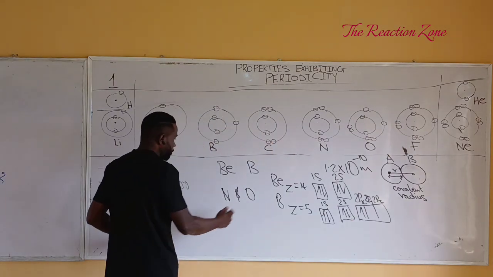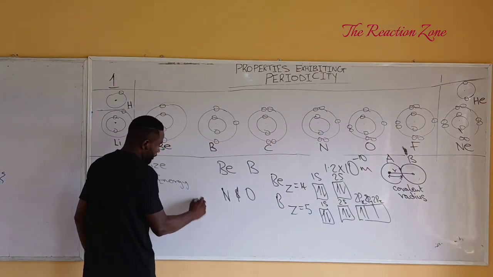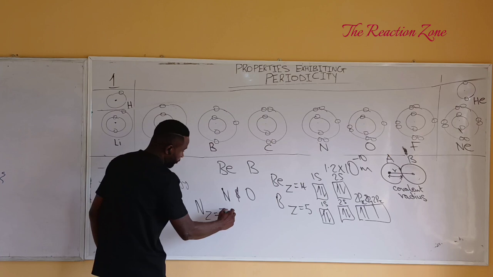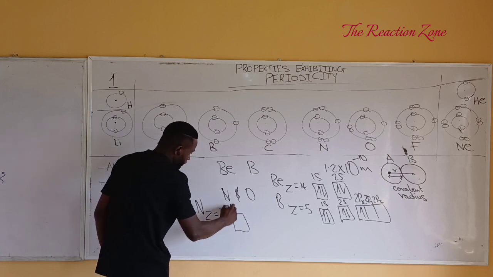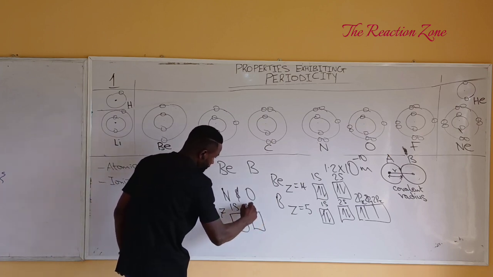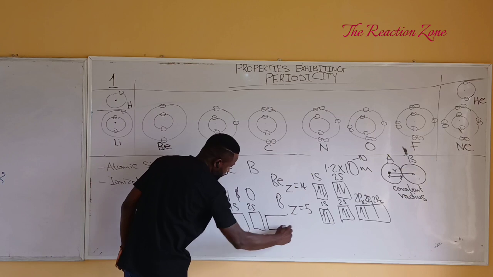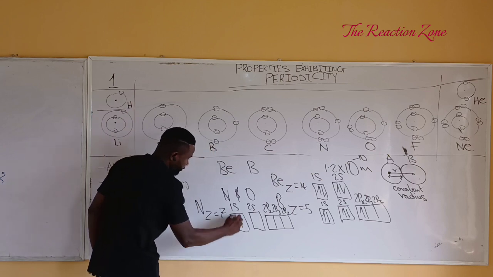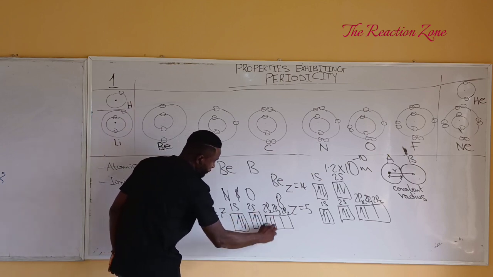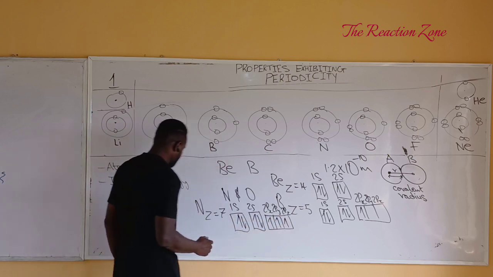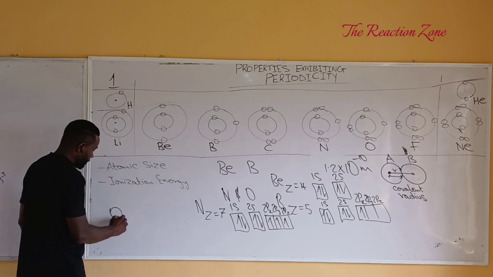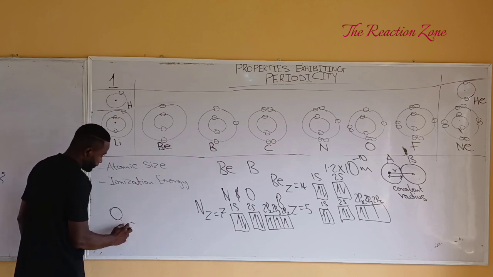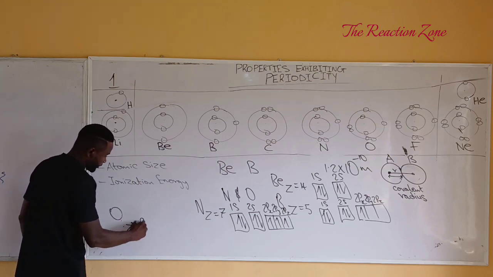The second exception is between nitrogen and oxygen. Now, nitrogen has an atomic number of 7. And the electrons are arranged as follows: 2px, 2py, and 2pz. 2 electrons here, 2 electrons here, 1, 1, 1. Oxygen, on the other hand, has an atomic number of 8.